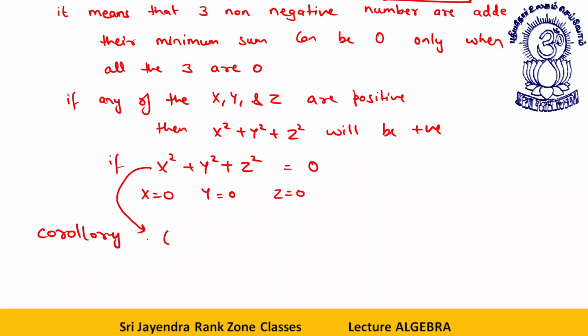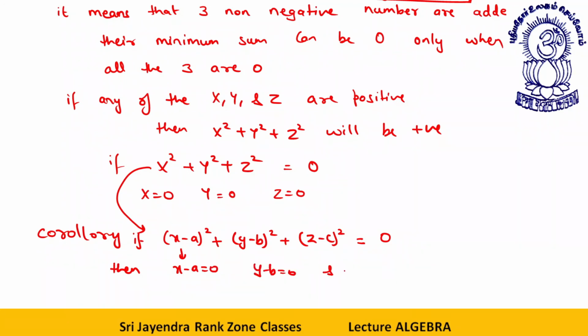If we are told that (x minus a) square plus (y minus b) square plus (z minus c) square is equal to 0, then x minus a is equal to 0, y minus b is equal to 0, and z minus c is equal to 0.